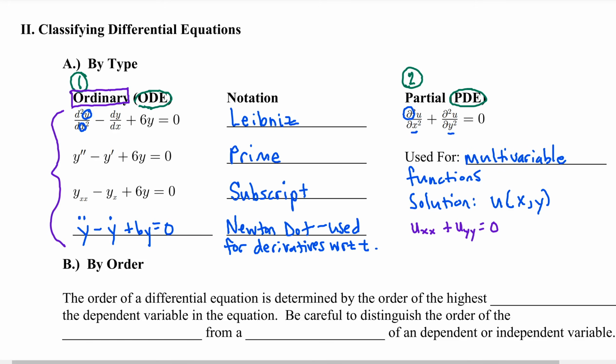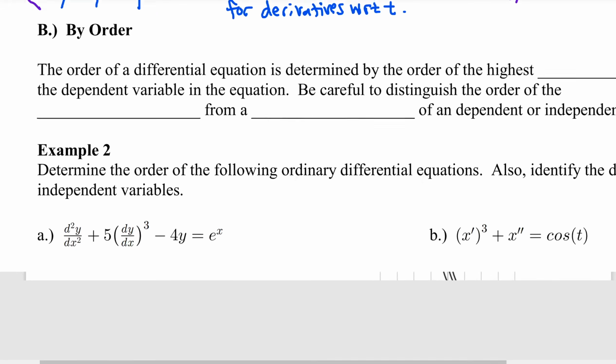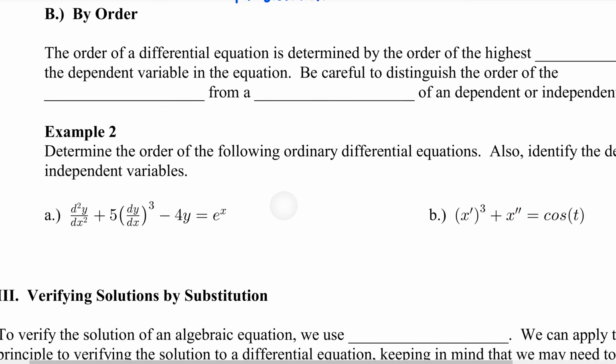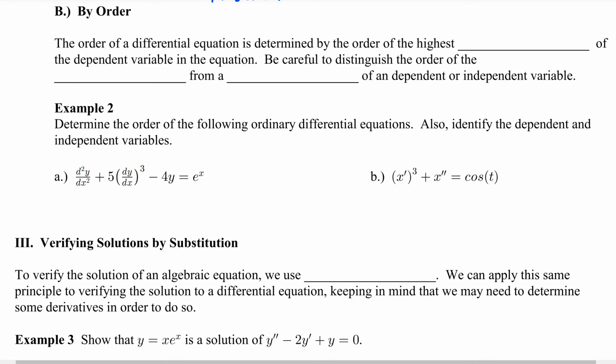Another way to classify differential equations, in addition to type, is by the order of the differential equation. The order of a differential equation is determined by the order of the highest derivative of the dependent variable in the equation.